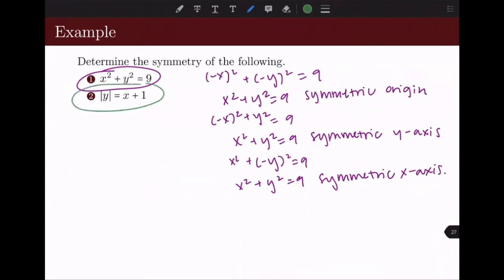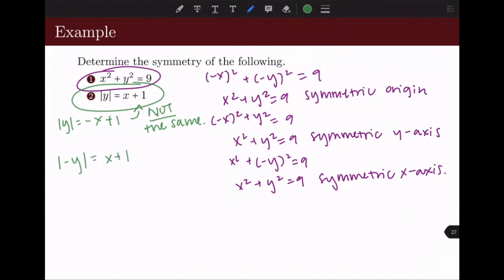Next, let's move on to number 2. First, I want to plug in negative x, right? So absolute value of y equals negative x plus 1. This is not the same. So it is not symmetric about the y-axis. Let's plug in negative y. So absolute value of negative y equals x plus 1.